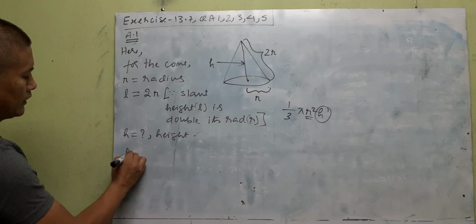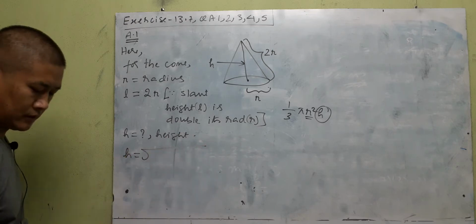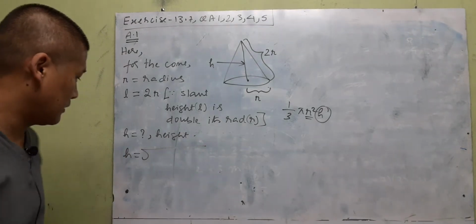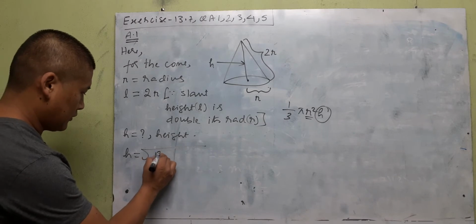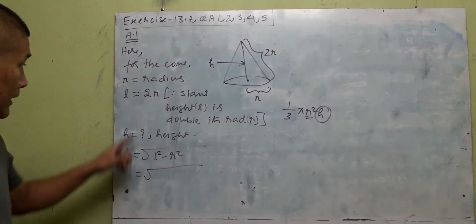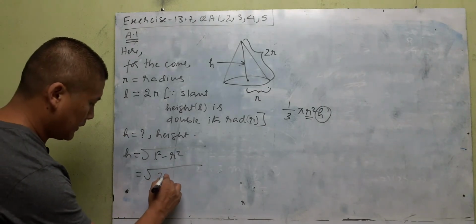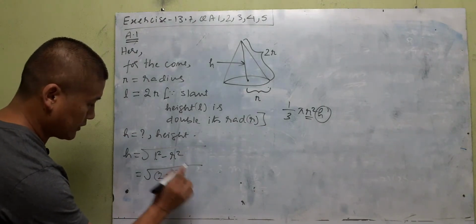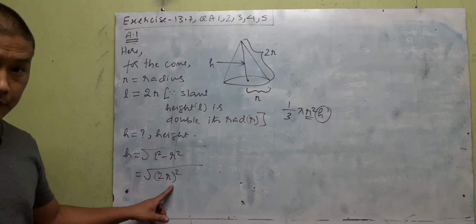We can easily find h by using this formula: root over L square minus R square. Therefore, L here is 2R, so we need to put brackets, otherwise it will be wrong, because there are two factors here.